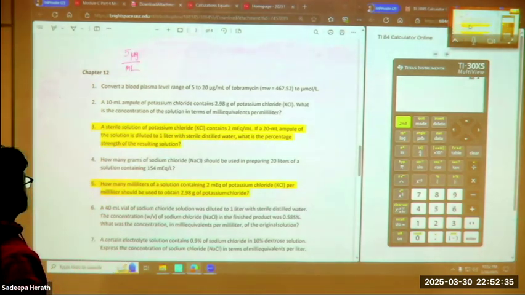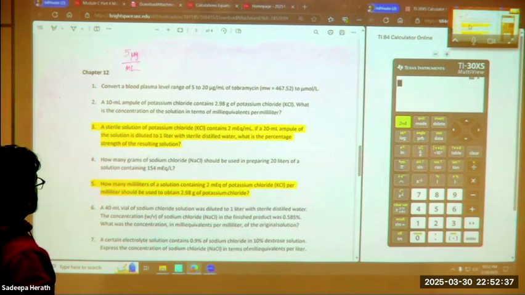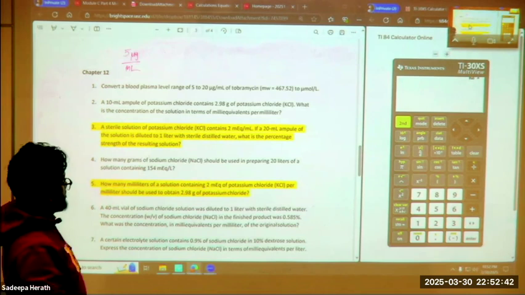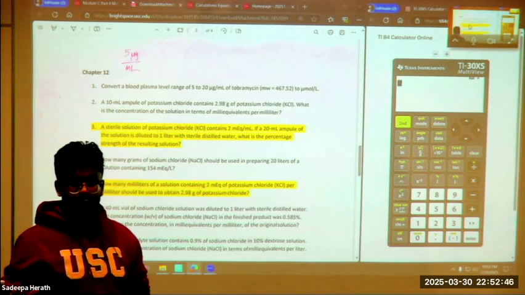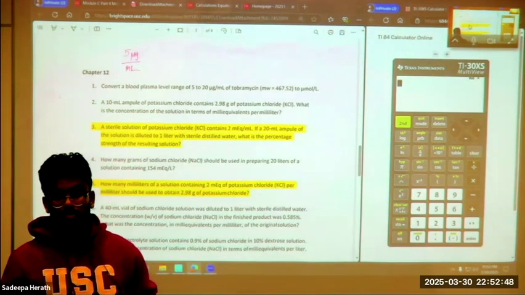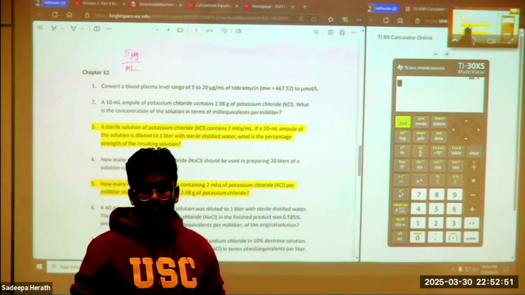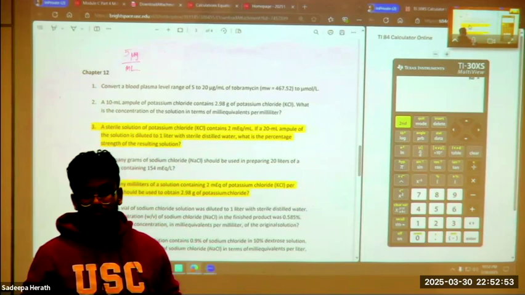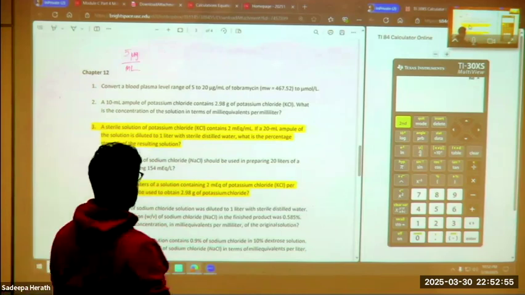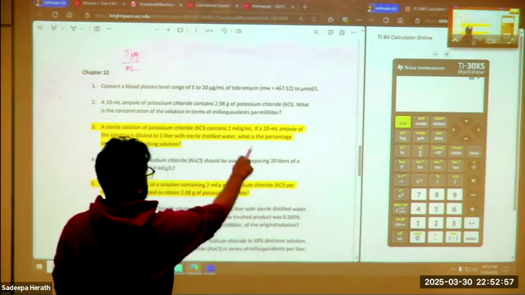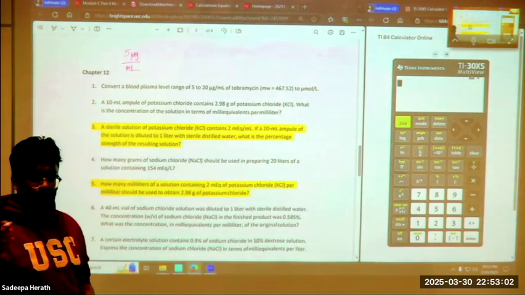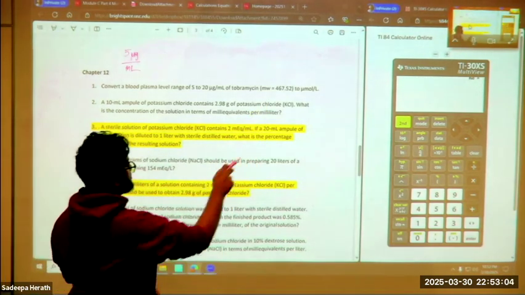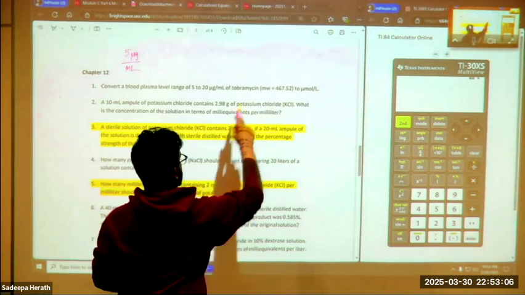So we're going to have to eventually convert milliliters to liters, and then what we need to convert is micrograms to micromoles. From grams to moles, you're just using the molecular weight or molecular mass of a compound or a drug, whatever molecule. And so that's why they provide us with this molecular weight. For every single mole, 1 mole equals this amount, the molecular weight.